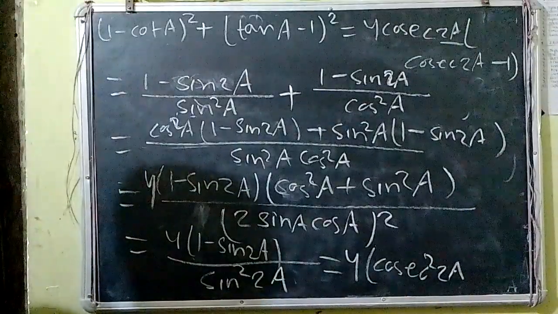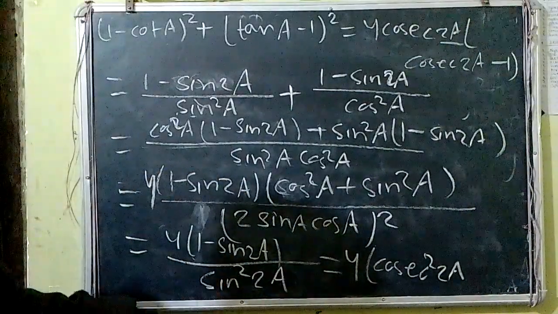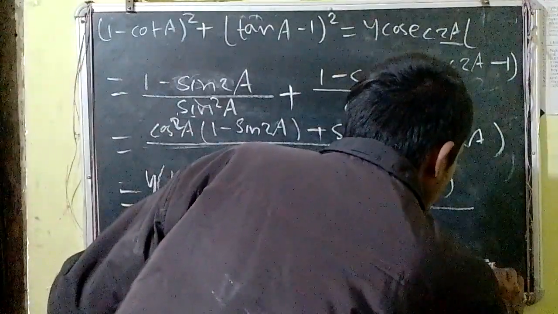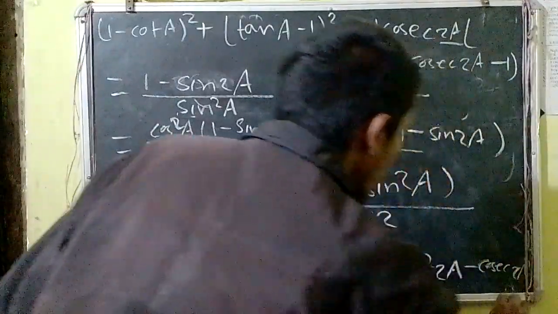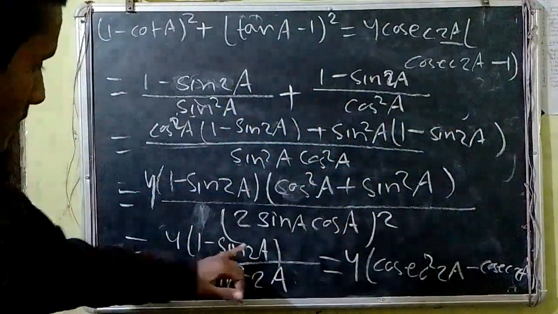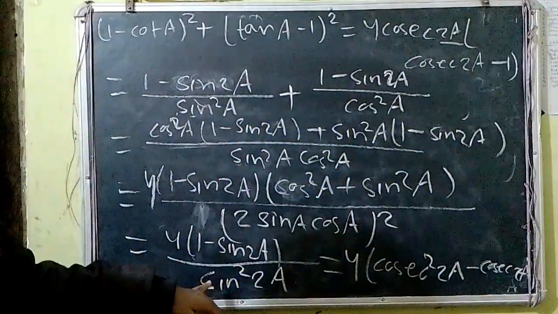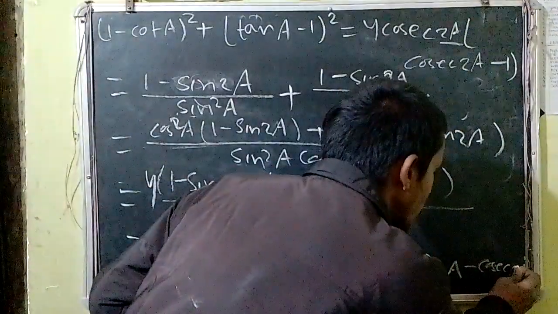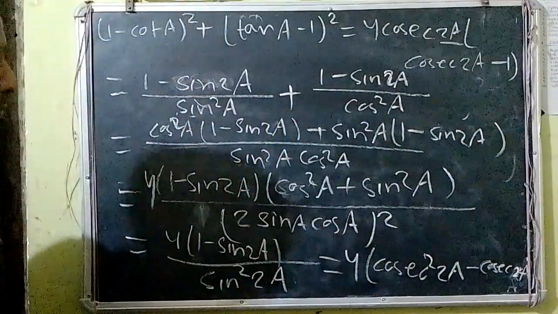Sine 2a divided by sine squared 2a will be 1 over sine 2a, which is cosecant 2a. Isn't it? Oh, we ran out of space. I always run out of space. Sine 2a divided by sine squared 2a, sine cancels out, so 1 over sine 2a, which is cosecant 2a.